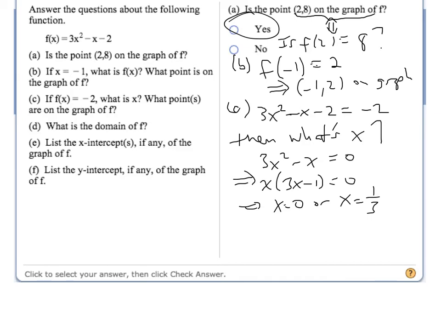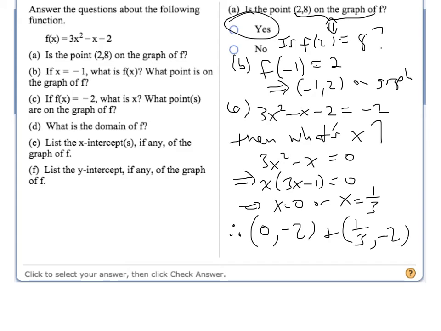So there are two solutions: x equals 0, x equals 1/3, which means that the x-coordinate 0 will give us a y-coordinate of -2, and an x-coordinate of 1/3 will give us a y-coordinate of -2.